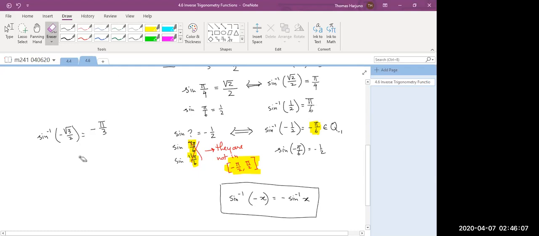Now, notation. The notation sine inverse of x is usually also written as arc sine of x. Okay, now I would say that this is a more modern notation. And this is the older way to write it, not so recent.